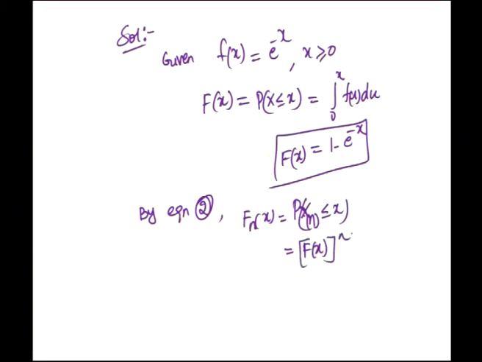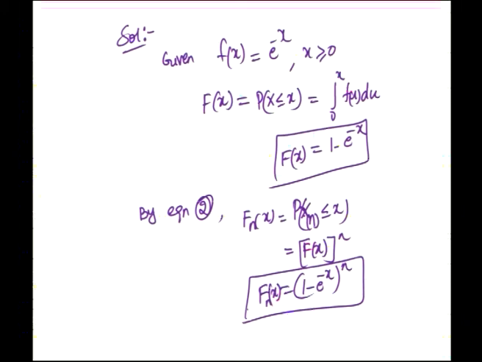Accordingly you will have (1 minus e^(-x)) whole power n. So the first part of the problem is proved, that is the CDF of the largest order statistic for an exponential distribution is Fn(x) equal to (1 minus e^(-x)) whole power n.